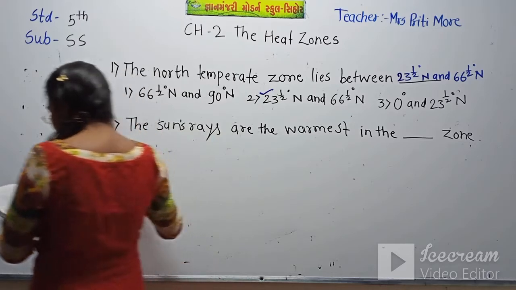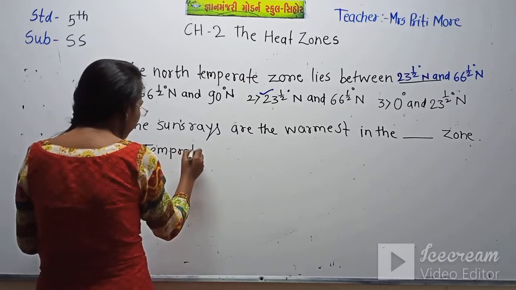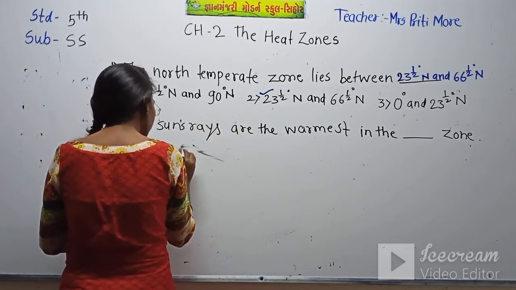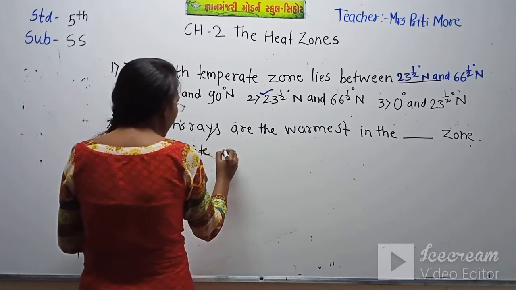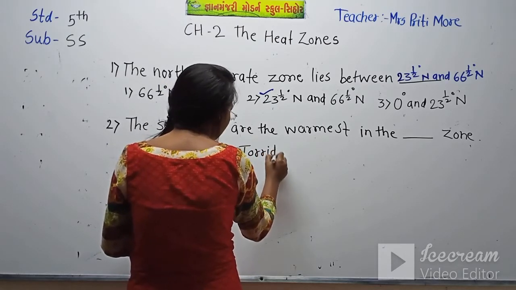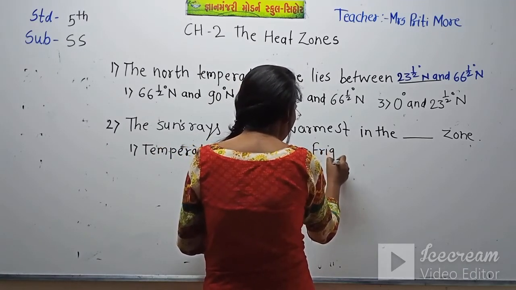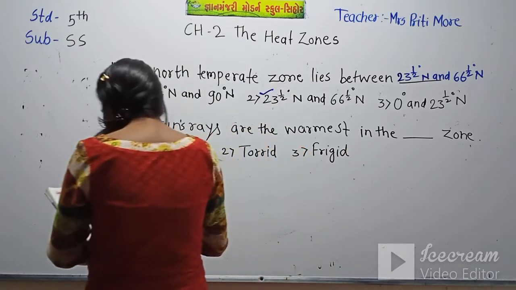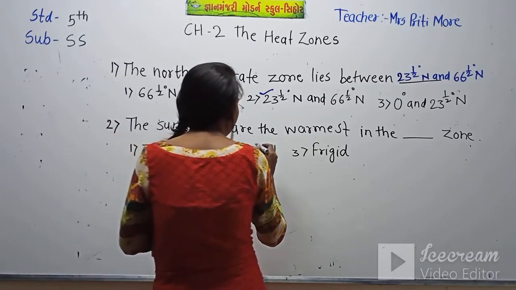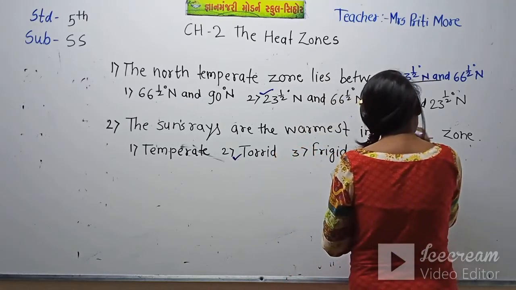Again 3 options: 1, temperate. Second, torrid. Third, frigid. Which is the correct option? Torrid zone. So number 2 option is correct. Write here the torrid zone.